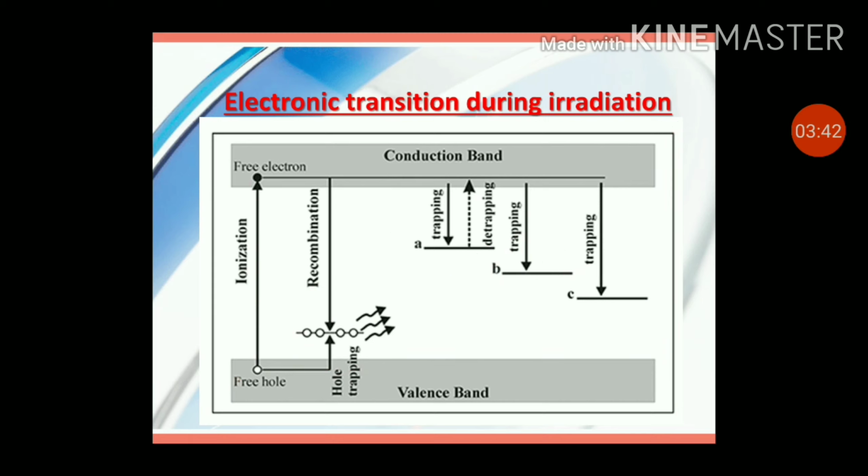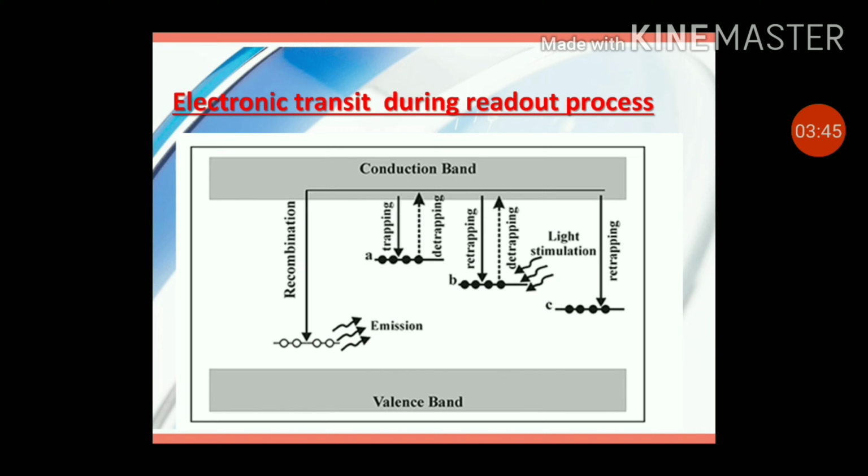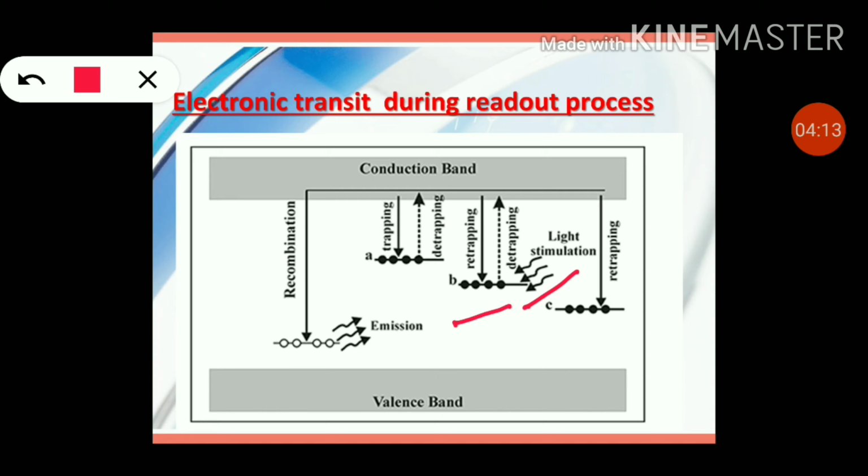In this figure, you will see the corresponding transitions during the readout, where you can see this is the light stimulation. As you can see, this optical stimulation forces the electrons to escape from the traps and recombine with the holes.